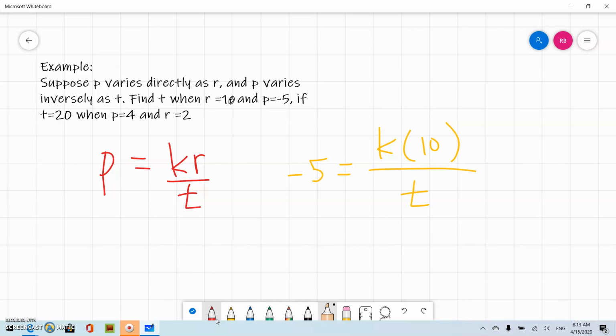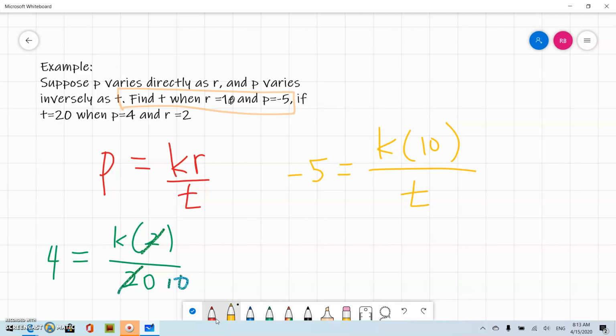Sorry, it says find, but it says if, so let's look at the if. P is 4 when I don't know K, but R is 2 and T is 20. So then I'm going to reduce this to 10 and multiply both sides by 10. So then K is 40. Okay, so I write 40 here instead.